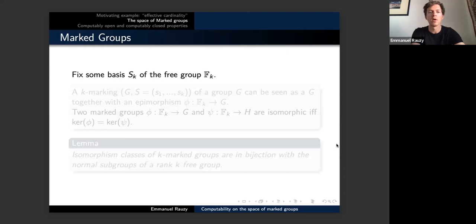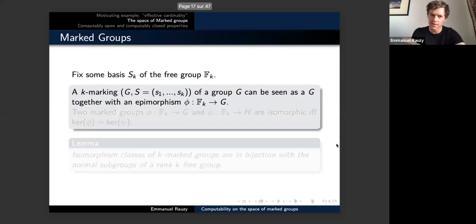Another point of view on marked groups is very useful to introduce the topology that we consider on them. So we start by fixing a basis of a free group, and then we remark that a marking of a group is the same thing as fixing an epimorphism from the free group onto this group.